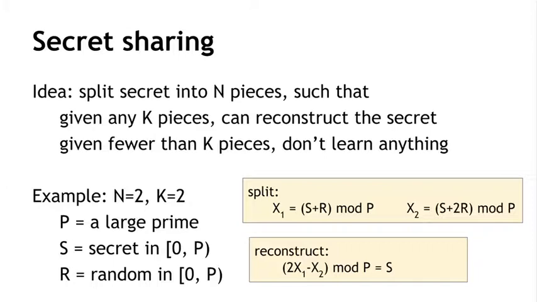And so this share by itself just looks like a purely random number and doesn't convey anything about what the value of s might have been. Similarly, this share by itself is also equally likely to take on any value between 0 and p minus 1, and therefore doesn't convey any information about s. So that's n equals 2, k equals 2. Given both shares, we can get back the secret. Given one share, we can't.